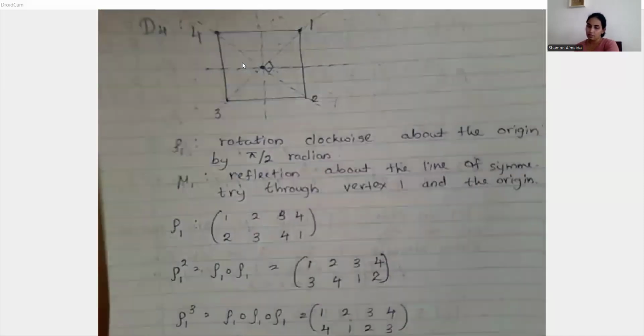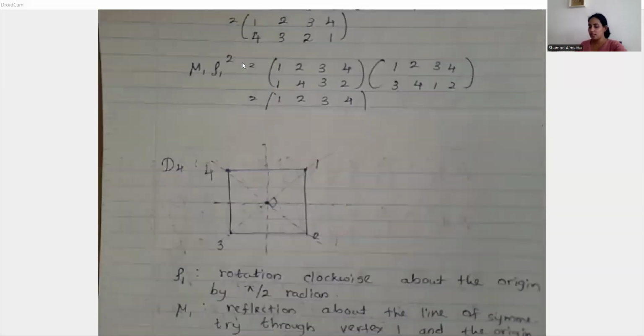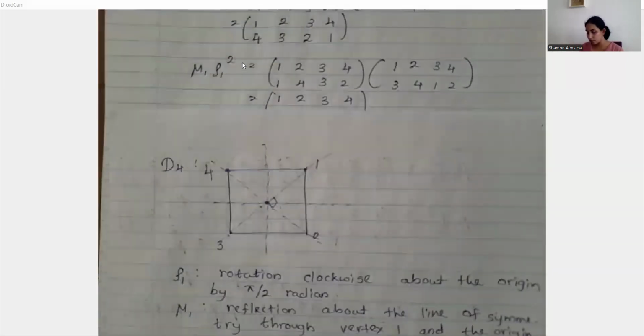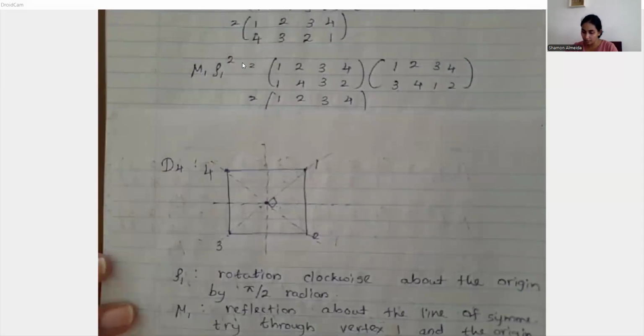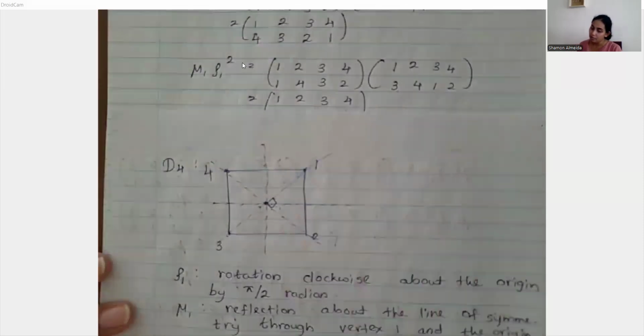Then, if you look at mu1 rho 1 squared, even though we understand what's happening over here, we are rotating it twice by the angle pi over 2, then taking a reflection about this fixed line. But what does it mean with respect to the other 4 lines?